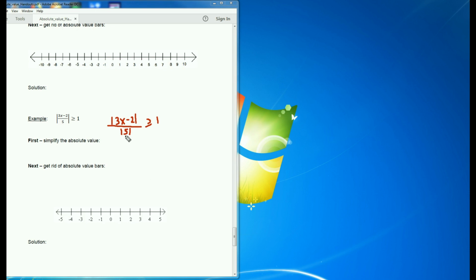We know that the absolute value of 5 is just 5, so the denominator just equals 5.